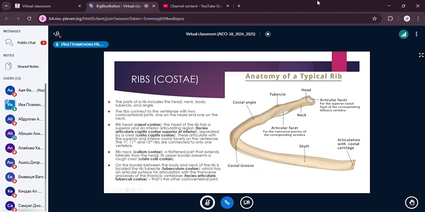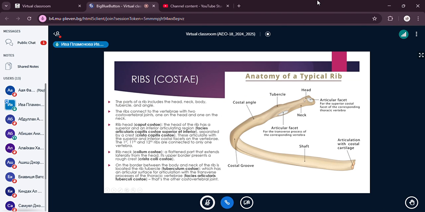Which are the parts? Each rib has a head, neck, body with tubercle, and costal angle. They are connected to the vertebrae by costovertebral joints, one on the head and one on the neck.